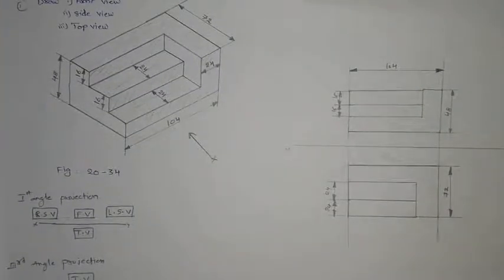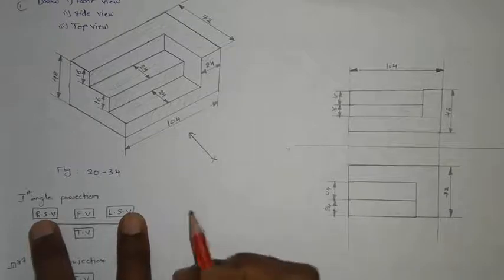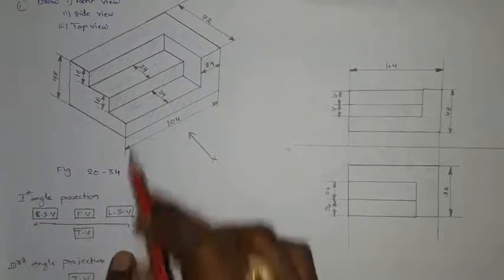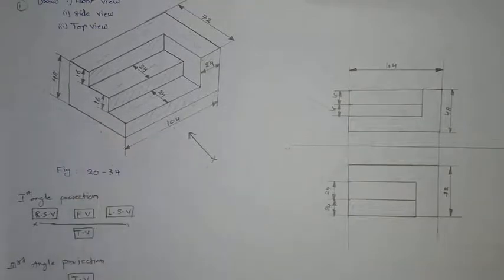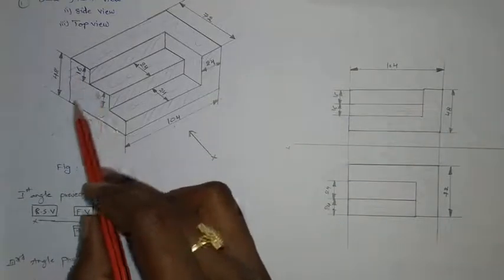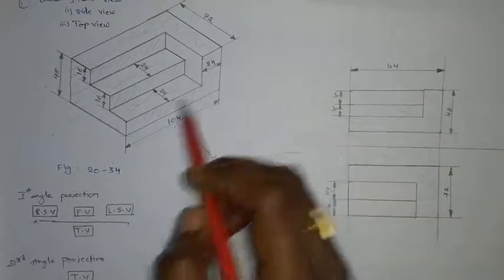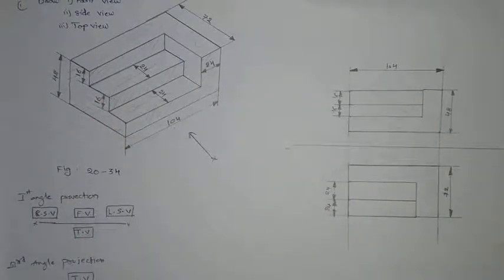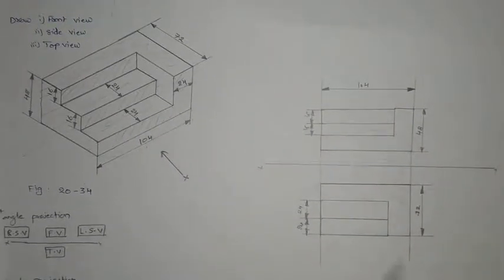Now we have to draw the left side view and right side view. First I am going to draw the left side view, because in this diagram I can see the left side very clearly. So in the left side view, what parts are you going to see? This is the portion which you can see in the left side view, and this is the portion. In order to get this, we can directly take the position from the front view and top view.